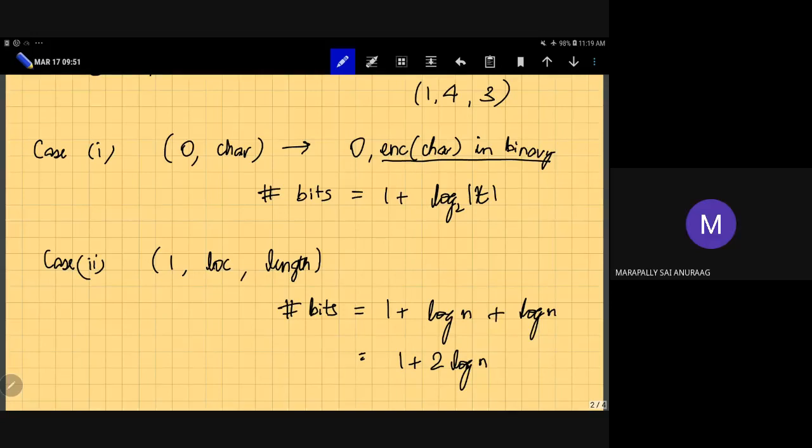Sir, are we storing the encoding of location and length using fixed length also? Correct. So if we used fixed length encoding, then this would be the case.